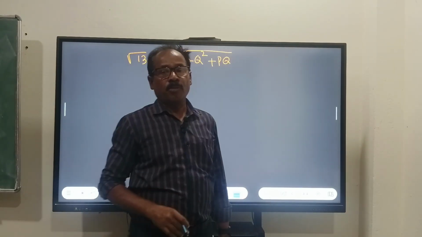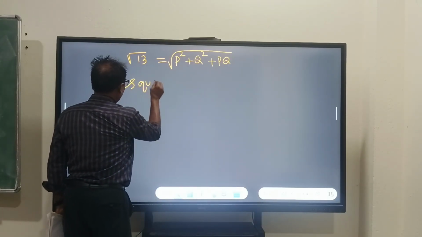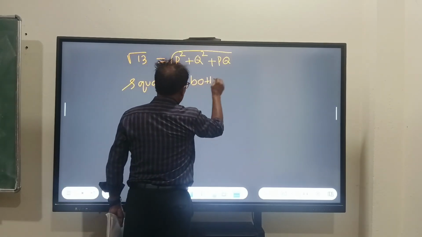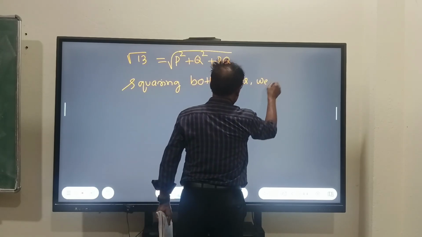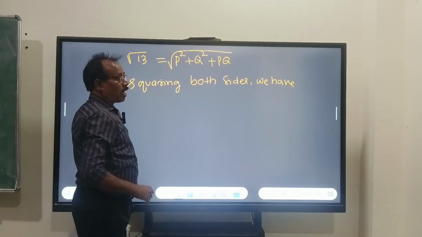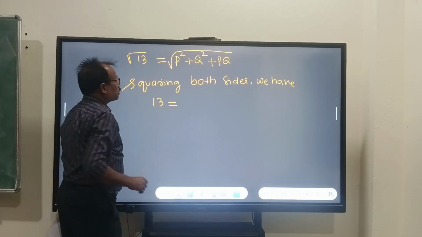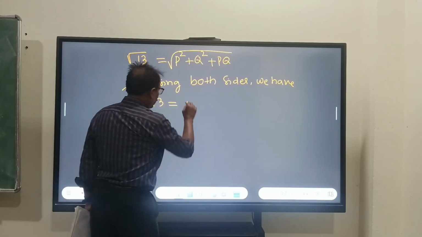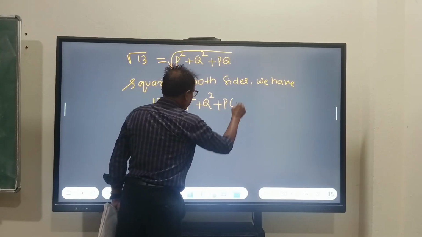Then squaring both sides, we have root over 13 square is equal to 13, and root over P square plus Q square plus PQ squared is P square plus Q square plus PQ.